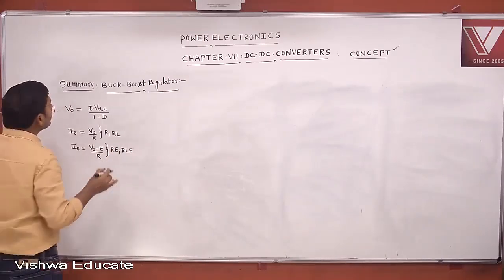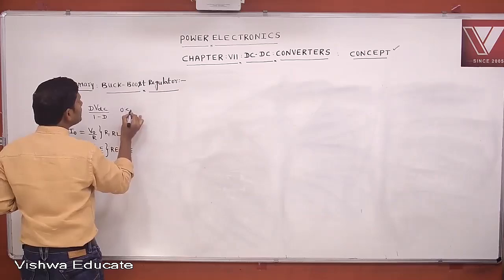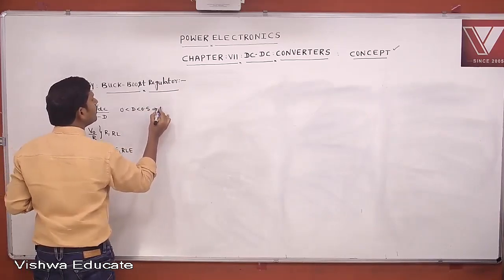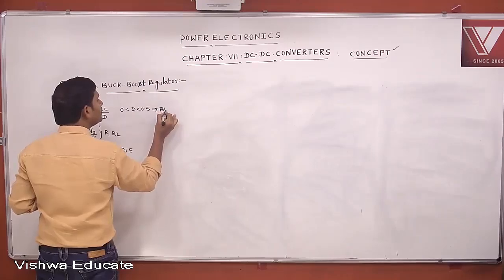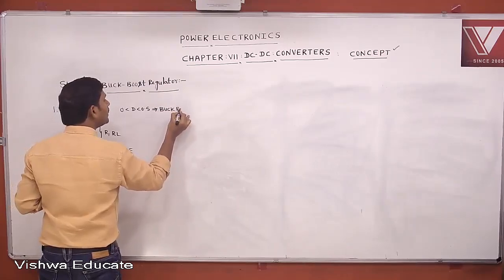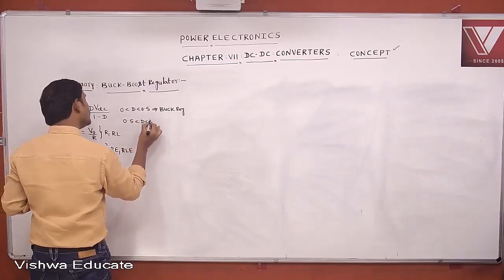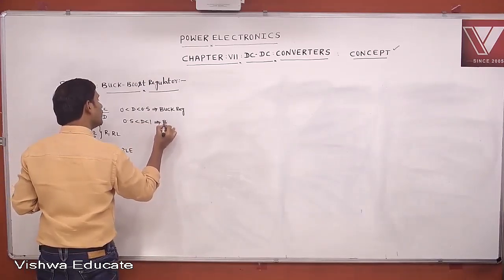Then you know this: for 0 less than D less than 0.5, this is buck regulator. For 0.5 less than D less than 1, this is boost regulator.